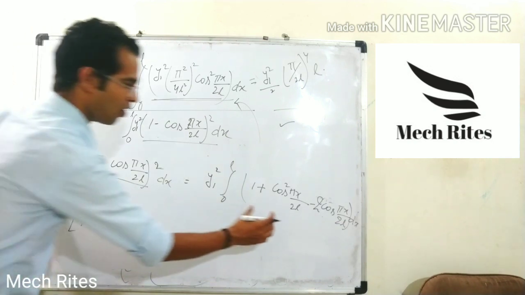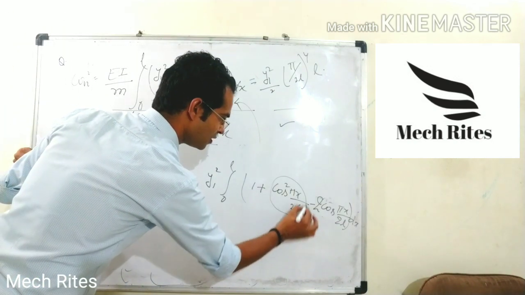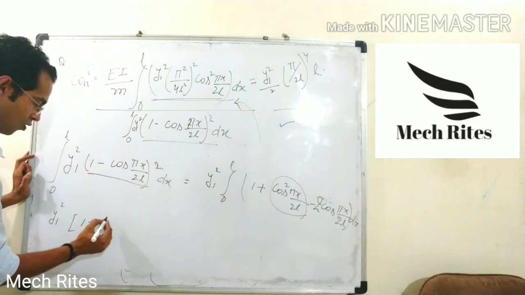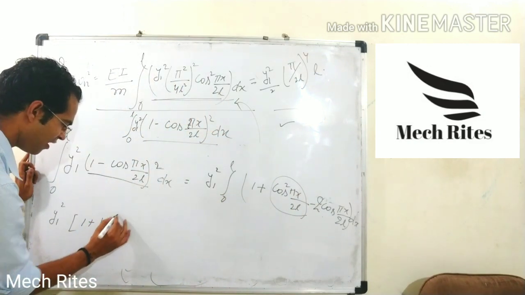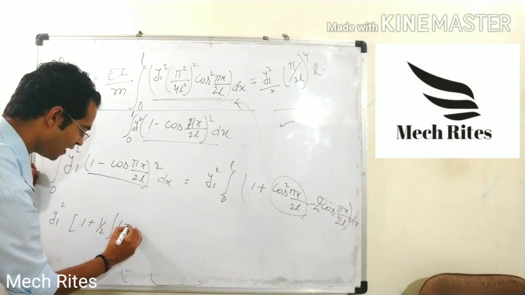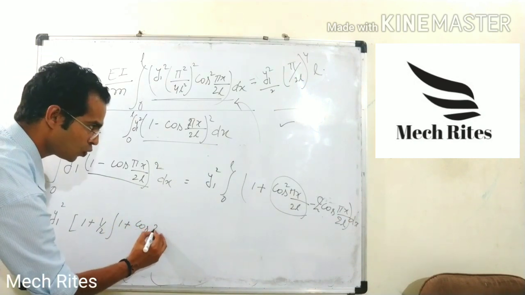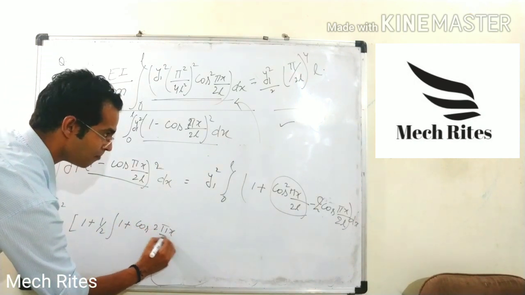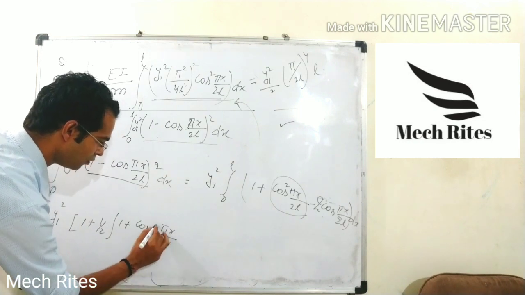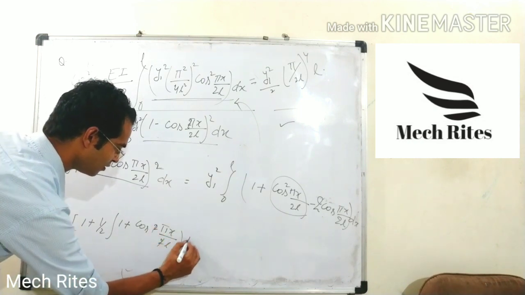The problem is just like the previous one, so what will I do? I am writing here 1 plus cos 2 pi x by 2L, the 2 and 2 will be cancelled, dx.